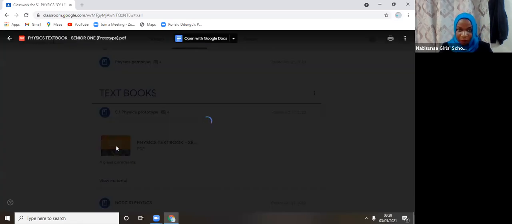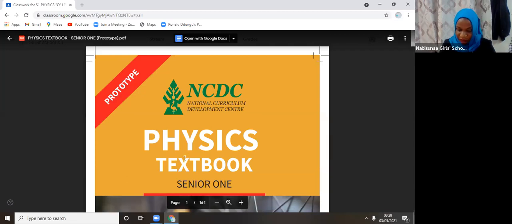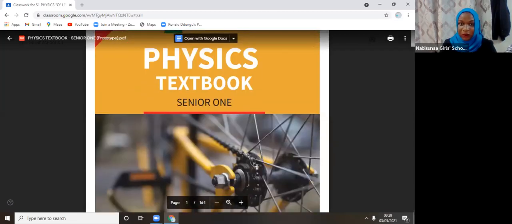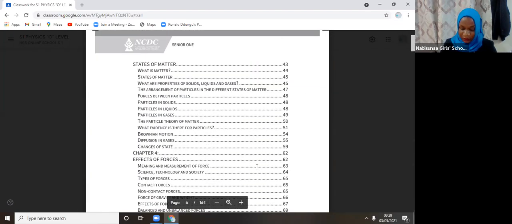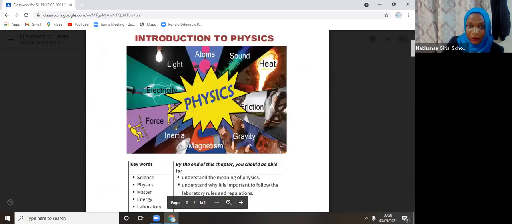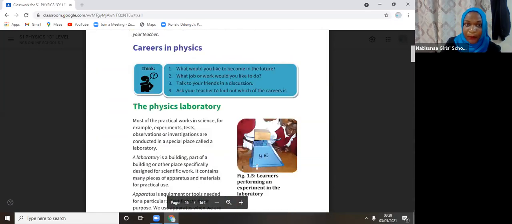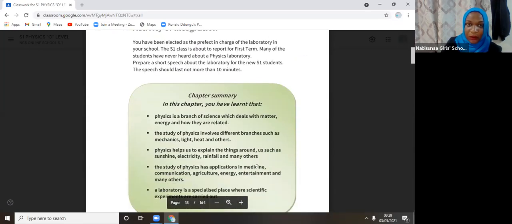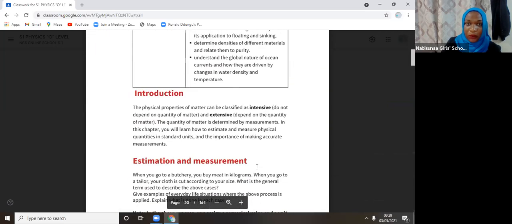So we have a table on page 26. Those who don't have the hard copy, I'm displaying it on the screen so that we can follow.